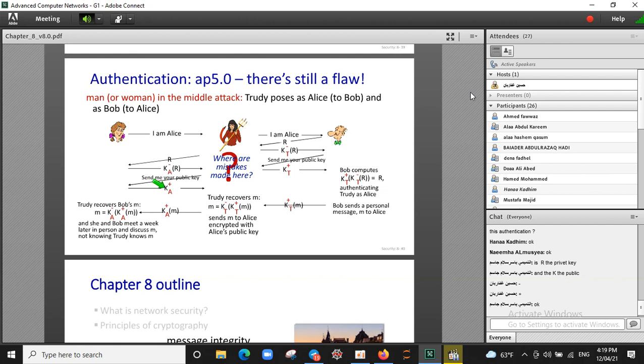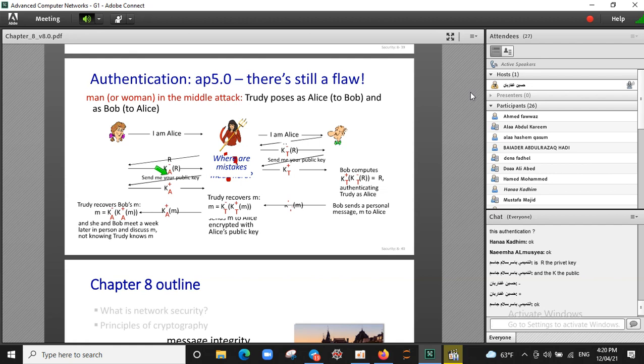Here, K of A means that this is the Alice key. And K of T here means that this is through this key. T means Trudy. A means Alice. B means Bob. Okay? A is Alice.